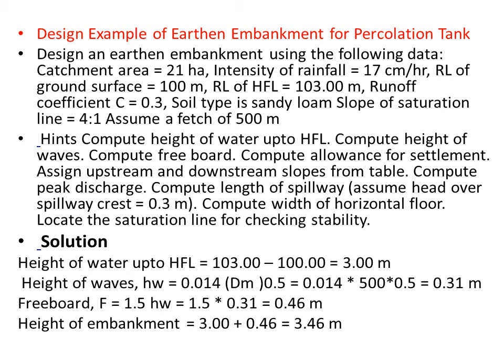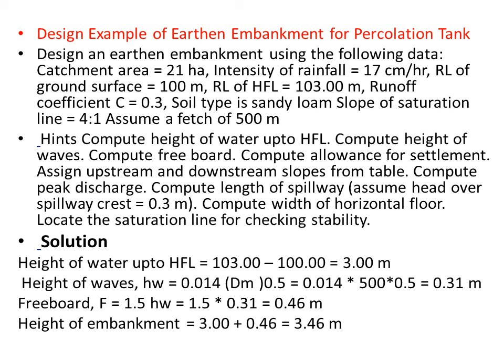Hence compute the height of the water up to HFL, height of the waves, freeboard, allowances for settlement, assign upstream and downstream slopes from the table, compute peak discharge, compute the length of the spillway, assuming head over spillway crest as 0.3 meter, compute the width of the horizontal floor, and locate the saturation line for checking the stability. Solution: height of the water up to HFL is 103 minus 100, that is 3 meter.